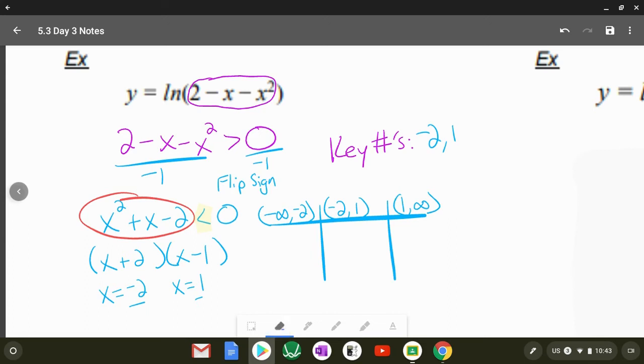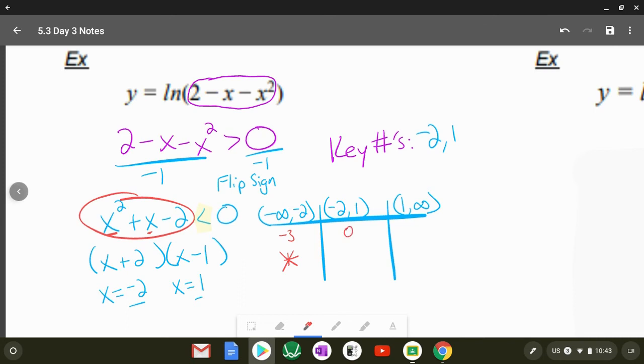So if I plug in any number inside this interval, so let's go ahead and plug in -3. Well, -3 squared is 9, plus -3 is 6, minus 2 is going to be 4. So that's going to be a positive number, which means that's not what I'm looking for, because again, we're saying less than 0. If I plug in a number in this interval, we'll say 0.